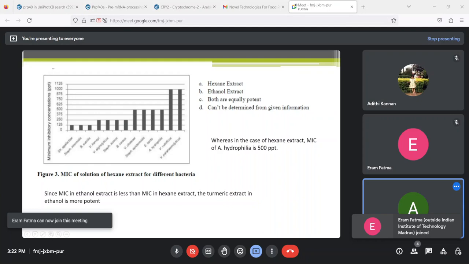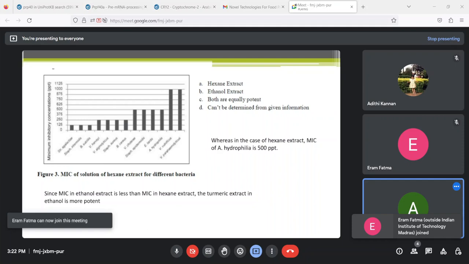So the main difference between the previous question and the current question is that in the previous question your drug is the same. The only difference is in the microorganisms. So accordingly, lower MIC means sensitive, higher MIC means resistant. That is for the microorganism. Here, in this question, the microorganism is the same, but the drug, that is the solvent used in the drug, is different. You can basically consider them as two different drugs.